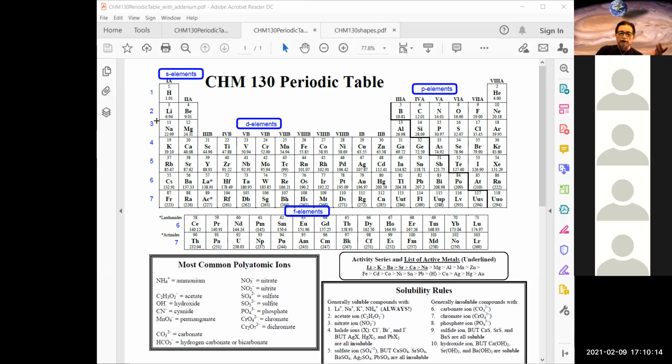Sodium is right here, number 11. Okay, and so we have 11 electrons to work with. Second of all, I look and see where it's at. It's in group 1A. So that tells me that I'm going to have 1 electron all by itself sitting out there, specifically in the third energy level, the 3s1.